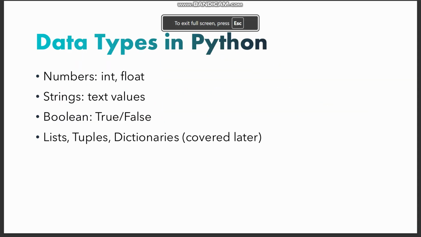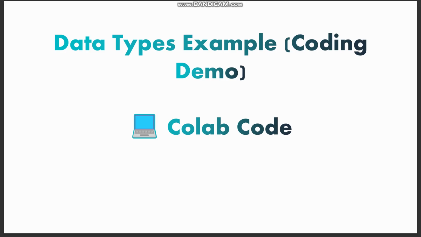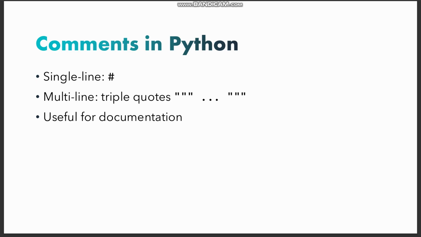Data types in Python: numbers, int, float; strings are used for text values; boolean are used for condition checking, true or false. List, tuple, dictionary are advanced, so we will cover them after these lectures. Data types with comments in Python.